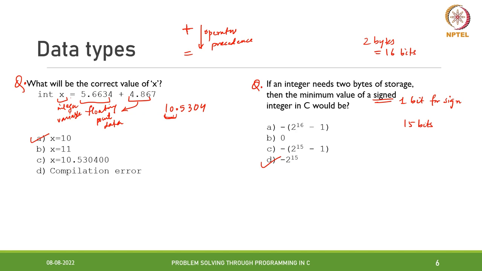In 15 bits, what is the lowest number that you could save? Negative of 2 to the power 15, because we are talking about the minimum value. One bit for the sign, positive or negative, will be stored on the leftmost bit, and you will have 15 more bits to save the data.